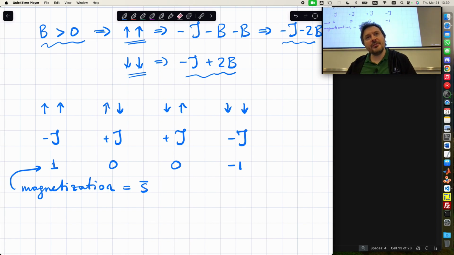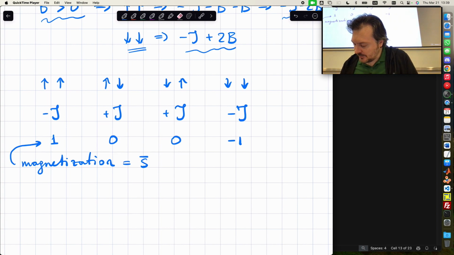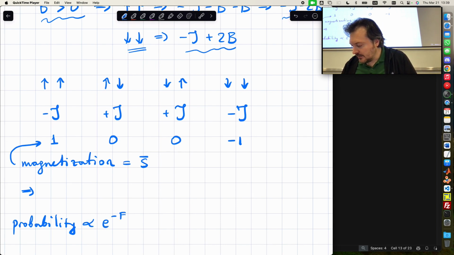Now, if we also put in the system temperature, okay? Now let's include temperature in the system. What is the probability of each one of these states? Probability of this one will be what? Do you remember how probability was proportional to e to the minus energy over kBT? Do you remember this?